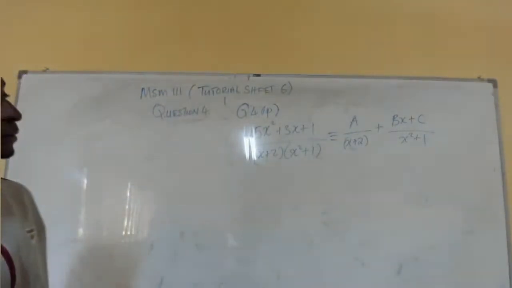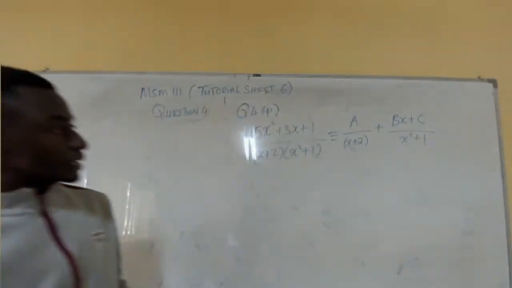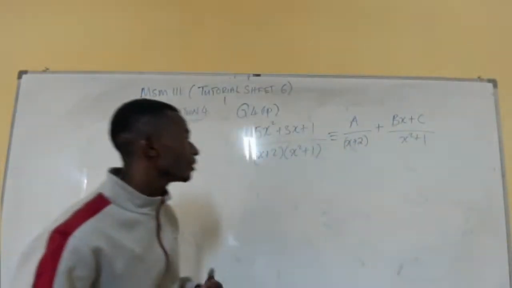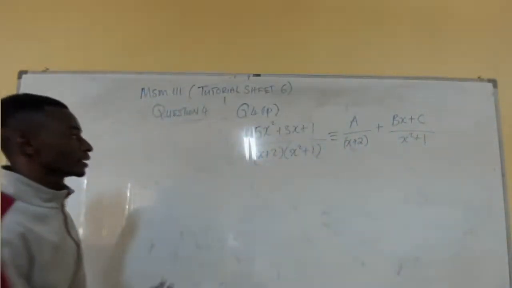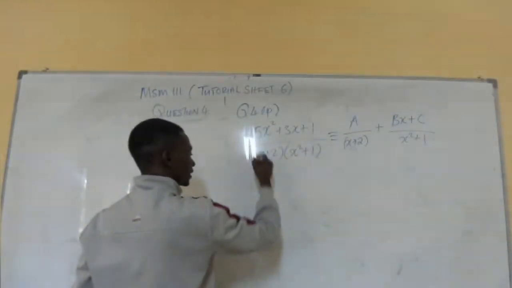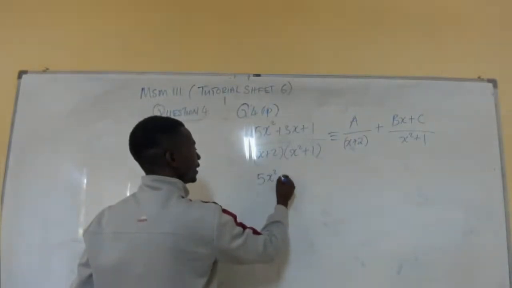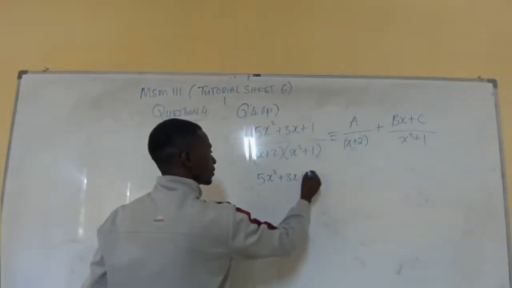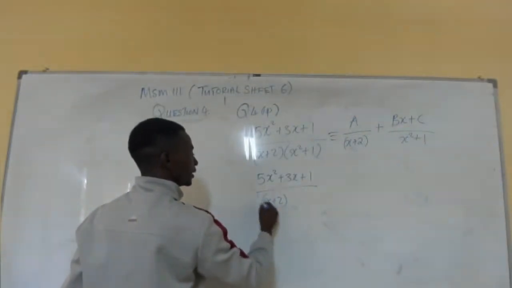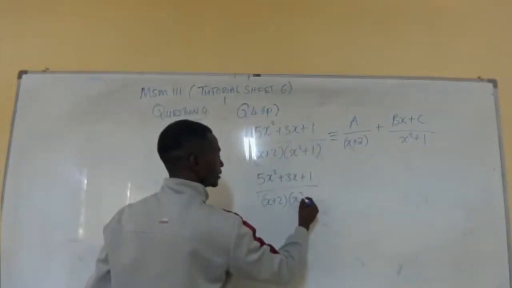So now there we go. We want now to find the values of a, b, and c. How are we going to do that? Don't forget to drop this one, drop it the way it is: 5x squared plus 3x plus 1 over x plus 2 times x squared plus 1.